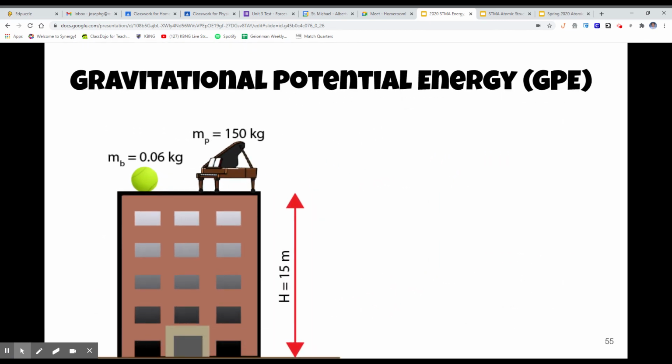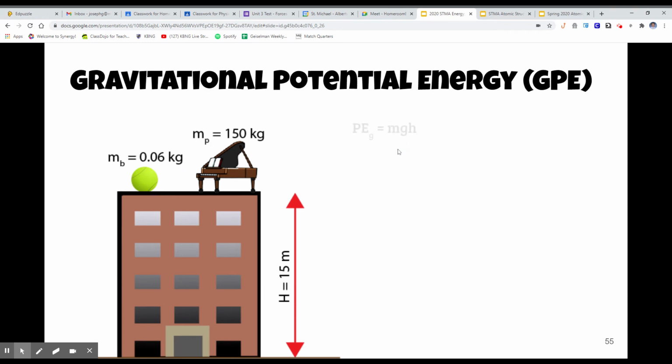Let's try another one. So with gravitational potential energy, I mentioned earlier that the height is to our reference point. So in this case, we have a piano and a ball on top of a building. The height here says it's 15 meters, but our reference point is the ground. So that's what I'm saying when I say a reference point. In this case, we know for sure that our reference point is the ground. So we can start solving for our potential energy because we have mass, we have height, and we know it's on Earth, so we know the acceleration due to gravity.